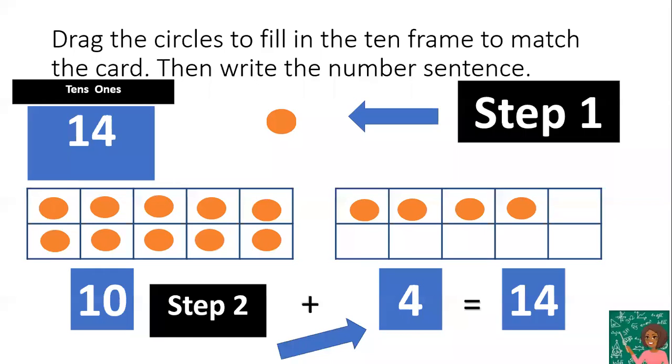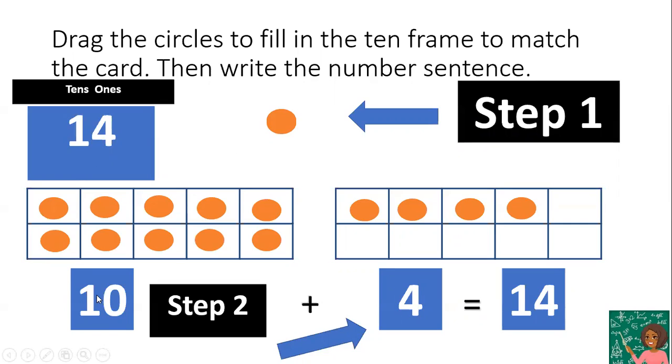So let's dig a little bit deeper into the problem. How was I able to determine my total? I can use my number card. When looking at your number card, you know the value of how many 10s and 1s you have. 1 ten, 4 ones.